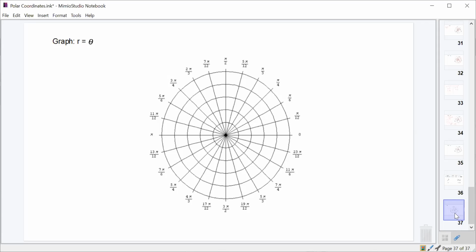So when theta is 0, r is 0. But when theta is, let's say, pi over 12, so is r, right? Which means pi over 12, that's about a quarter. So I'm just going to be a tiny bit out here. And at, I don't know, let's go up to pi over 3, we're going to be already almost out to just over 1, right?